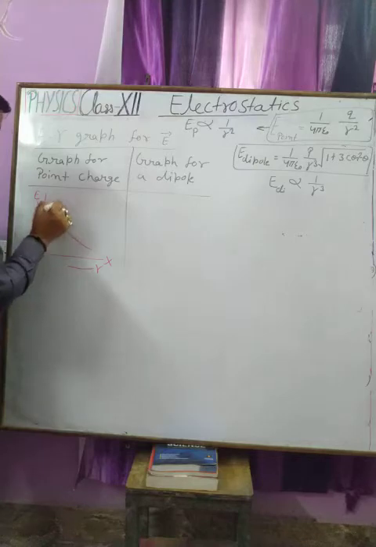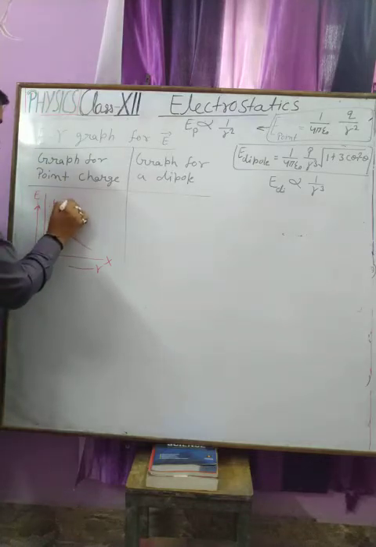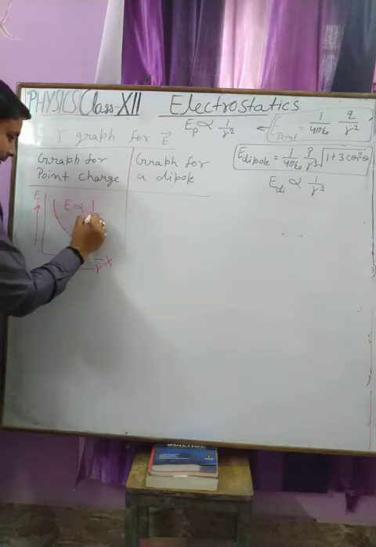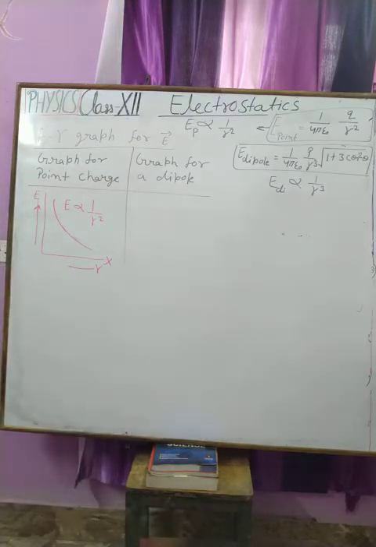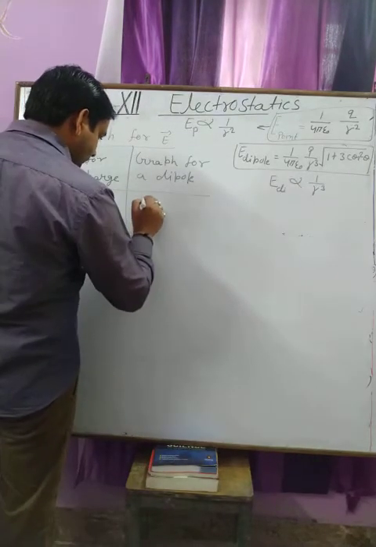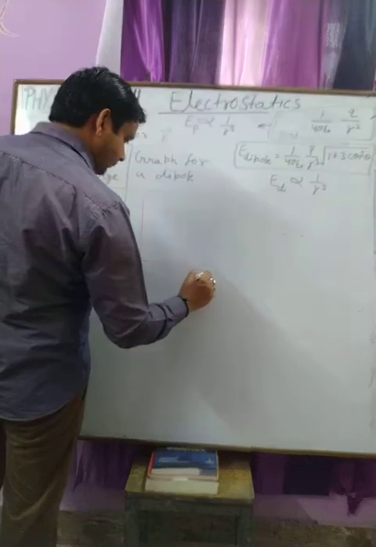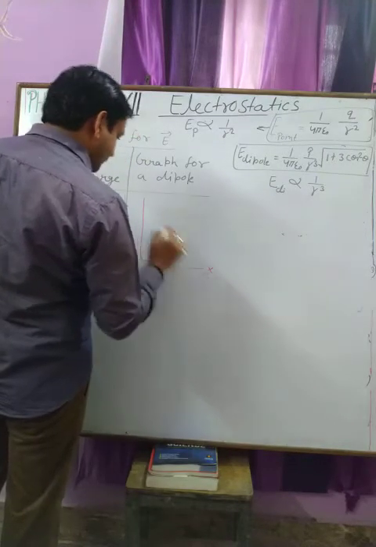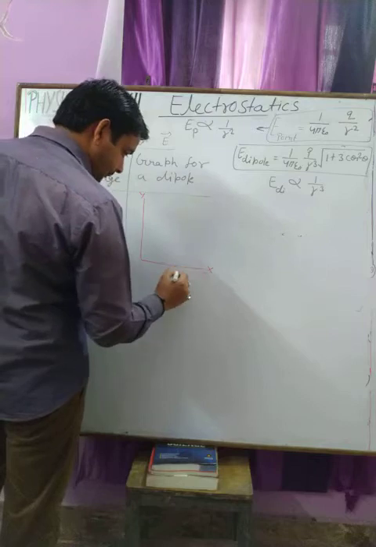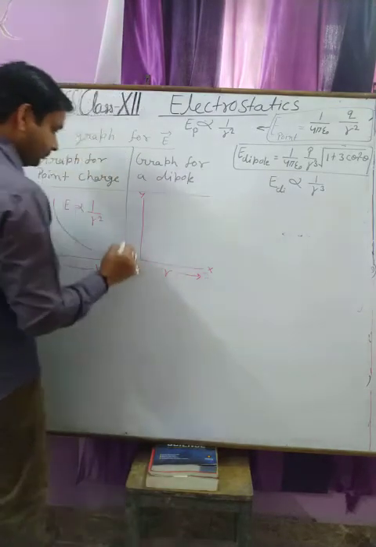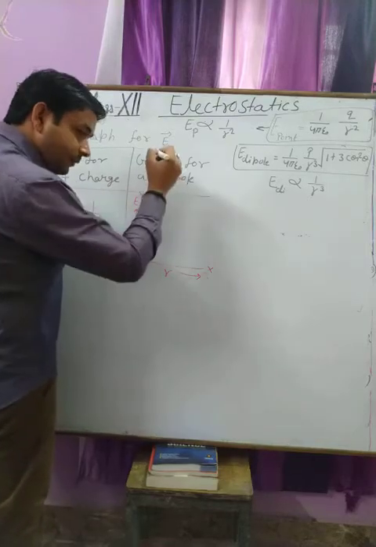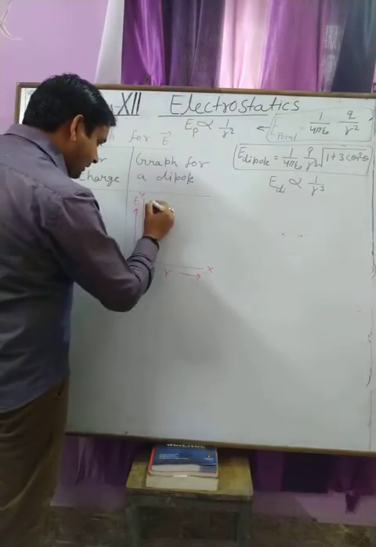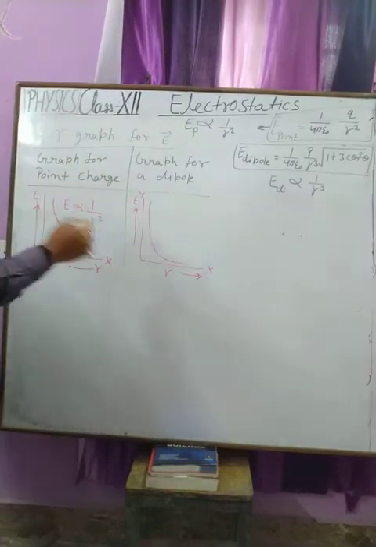This is the depletion of electric field with distance as an inverse square relation. And for the dipole, it is depleting faster, it falls down very quickly, like this.